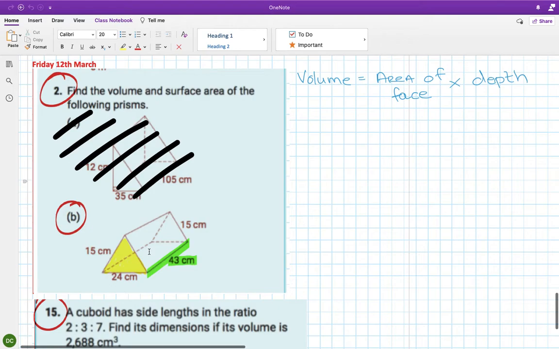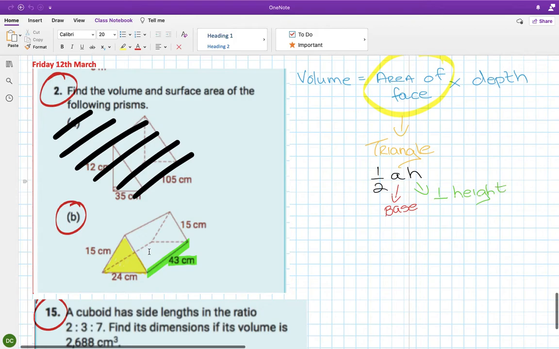There we go. So the face is a triangle, and the formula for the triangle is half AH, where A is the base and H is the perpendicular height.